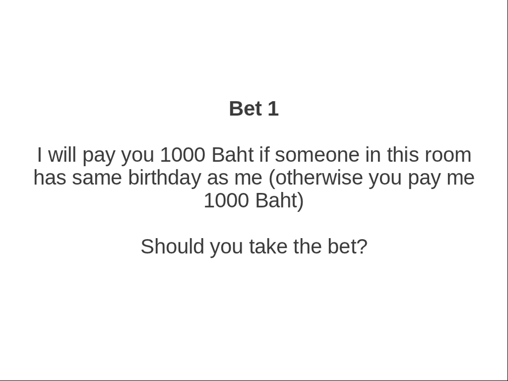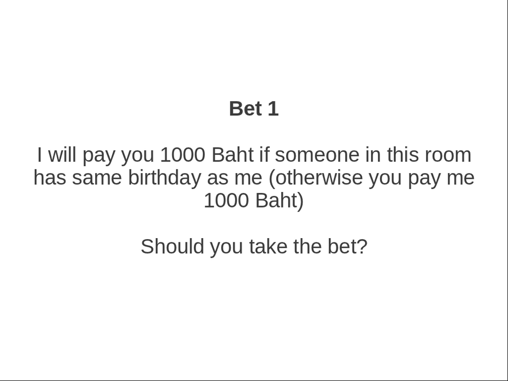Here, I offer you a bet. I have 1,000 baht, I don't have it with me. I will pay you 1,000 baht if someone in this room has the same birthday as me. When I say birthday, I mean the same date and month, not year.